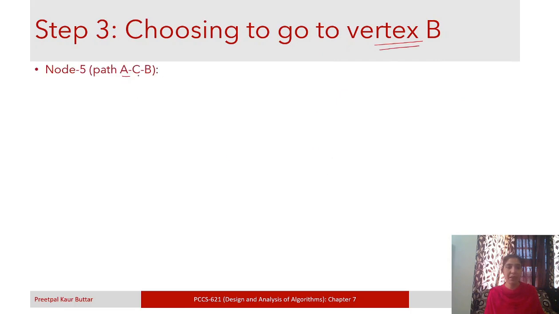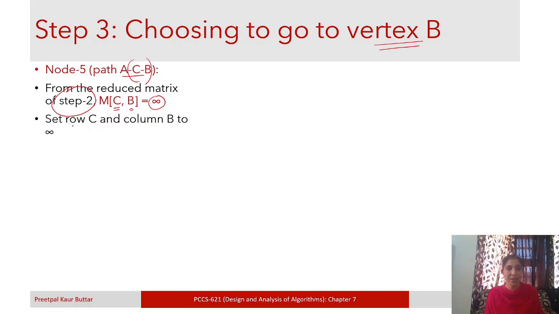So the path will be A to C to B, and now we will use the reduced matrix of step 2, right? Here we will note the value of C comma B in the matrix, row C and column B, because the path is A to C to B, and it is infinity in the reduced matrix of step 2.